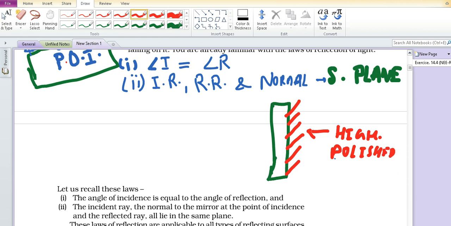This is the glass. So when any ray is incoming and goes to the surface, it will be reflected back.